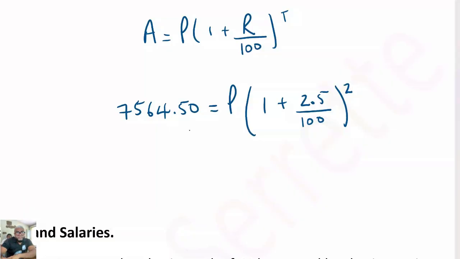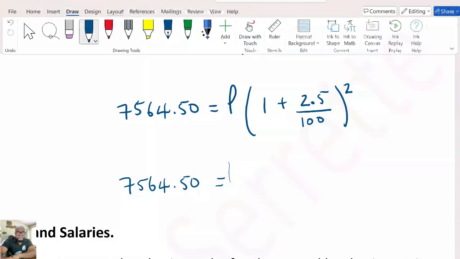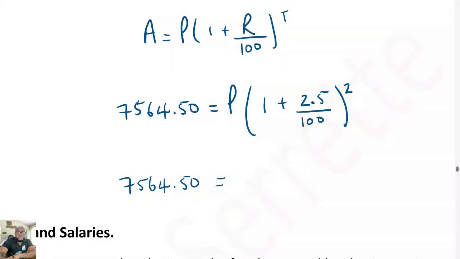So $7,564.50 is equal to P by 1 plus 2.5 over 100 in brackets to the power of 2. Give me that decimal. It's 1.05.